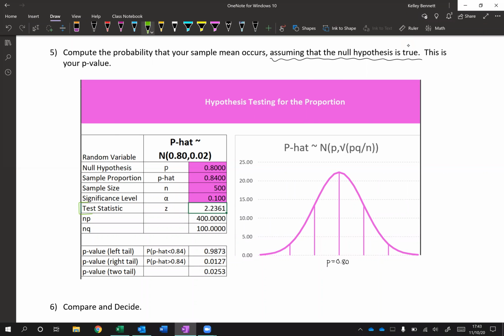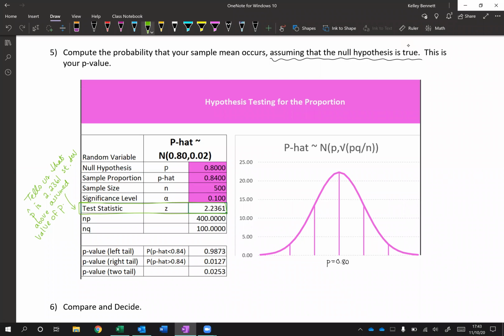So our test statistic tells us that we are 2.2361 to the right of P. Right, so it's 2.2361 standard deviations above the assumed value of P.